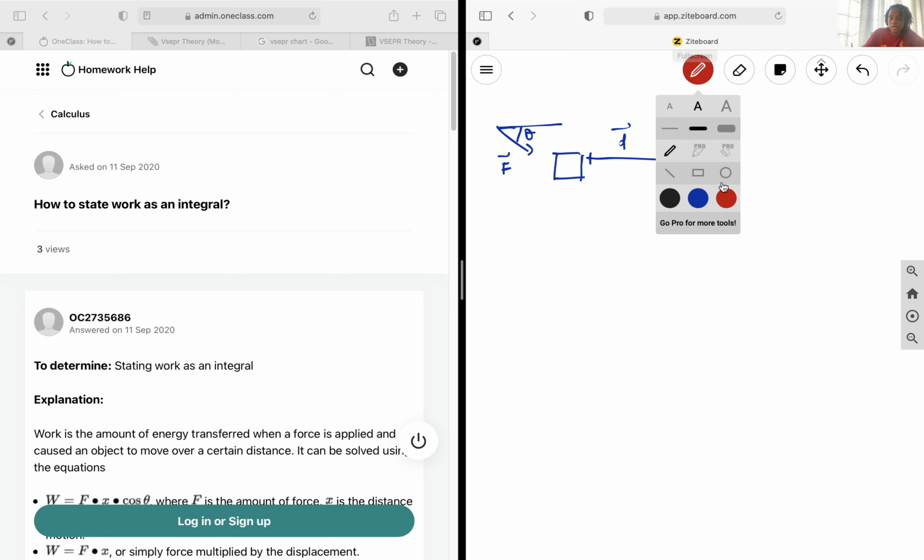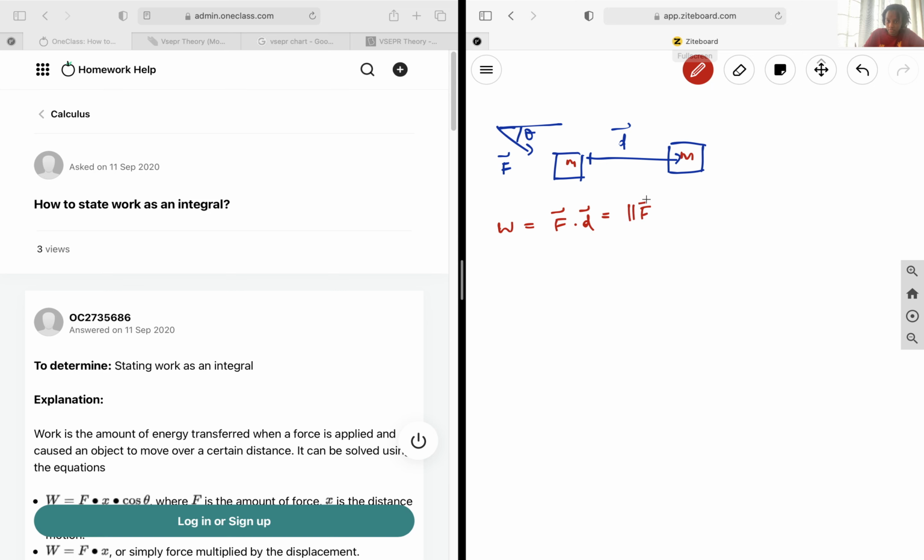So we know that if we have this 2D question, the work done by a force imparted at this angle to move object M through a distance vector D is going to be the dot product of the two. And this is going to be the magnitude of F multiplied by the magnitude of D cos theta. And this is in the scenario that F is constant.